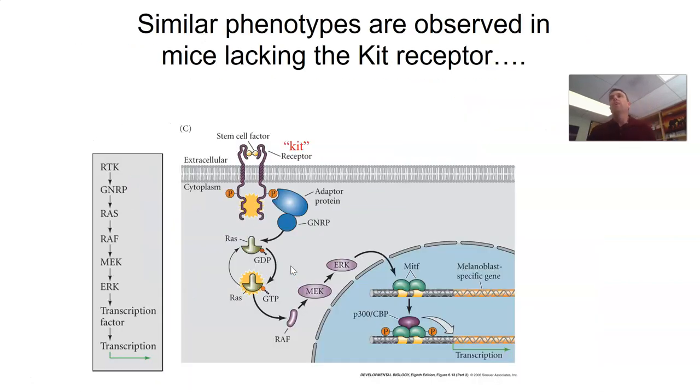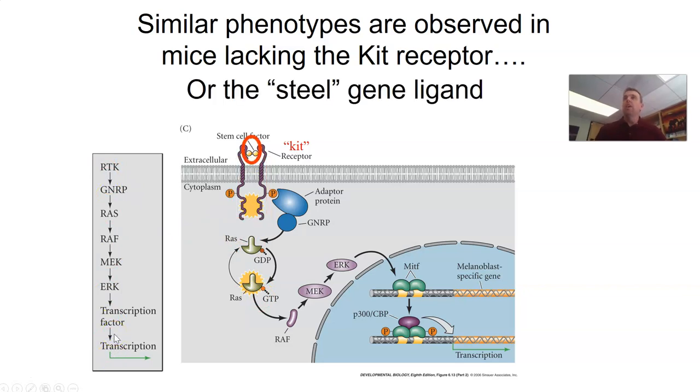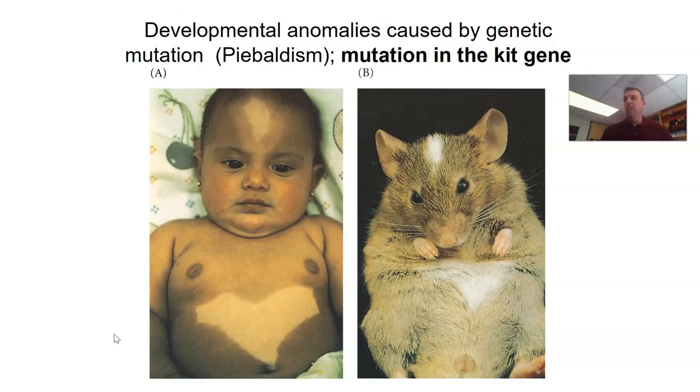All right, so, but you can imagine that if we have MIDF not working, that can lead to albinism. Well, if the KIT receptor is also not working, that would also lead to albinism because ultimately you still lost the same signaling pathway. And the ligand steal, the particular ligand for this, could also be mutated. And we've seen this as well.